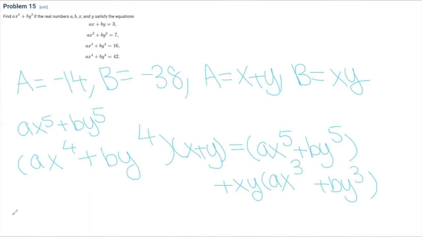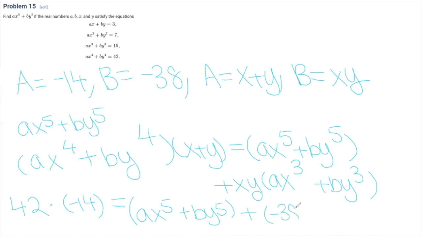So now we plug in our givens to get 42 times negative 14 is equal to our desired expression plus negative 38 times 16.